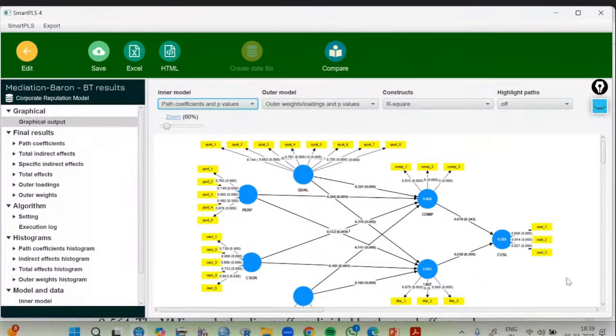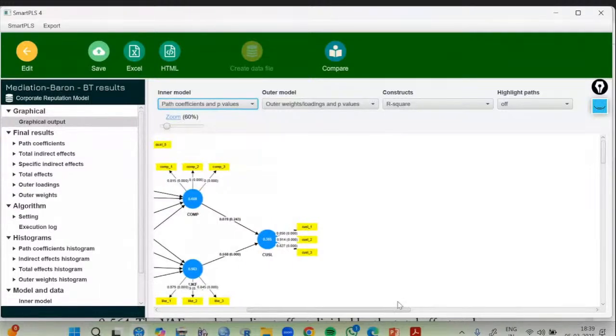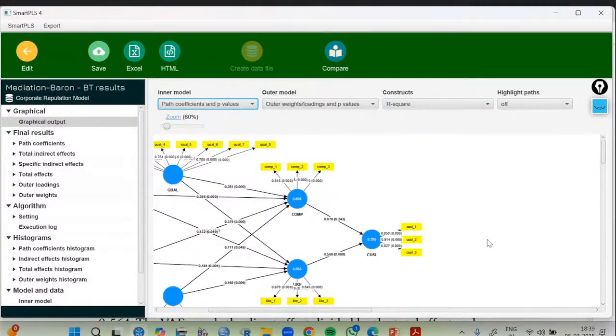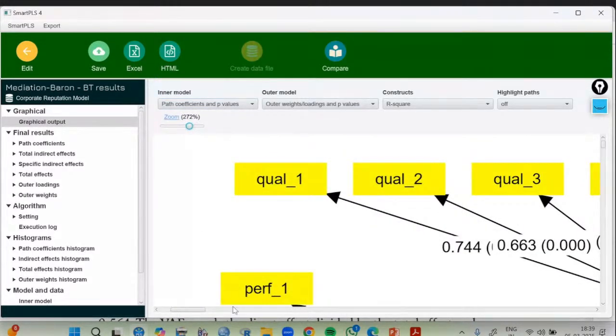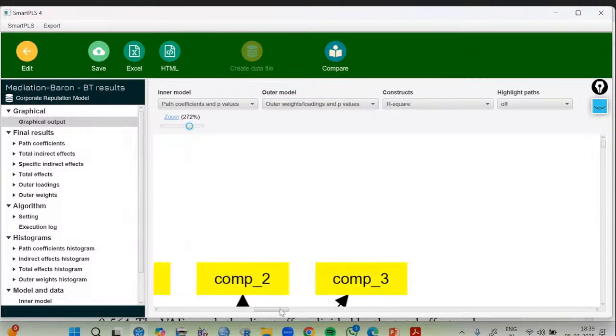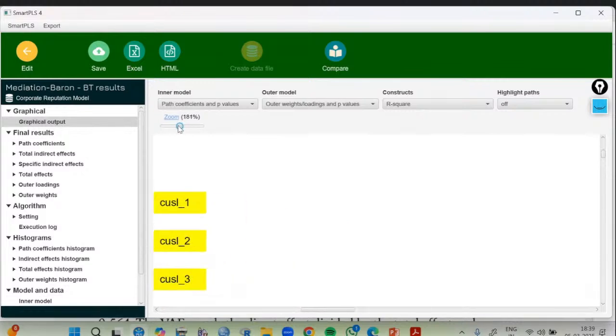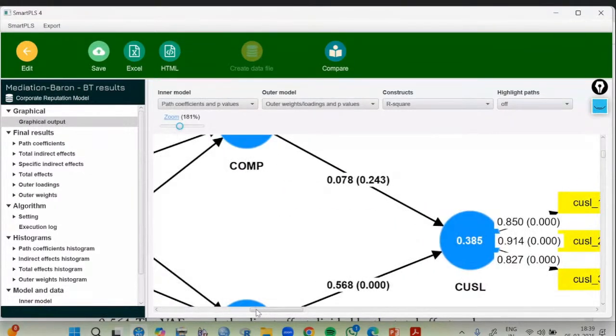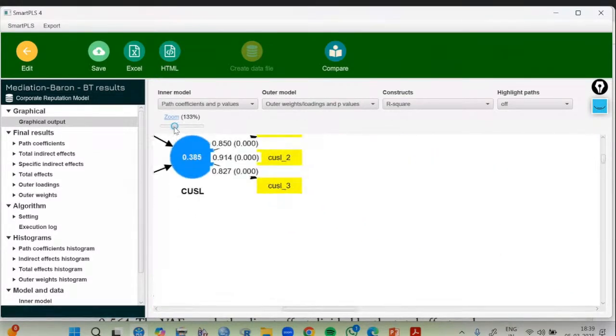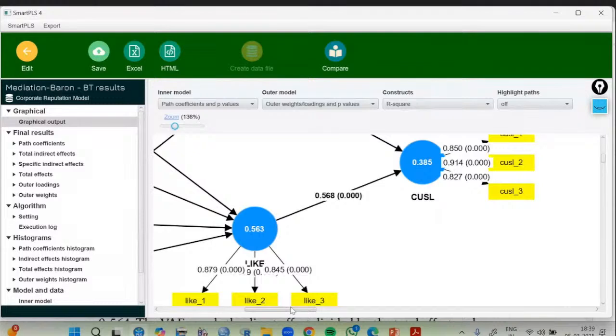So here we can see the results. Now there are two relationships we can see here.